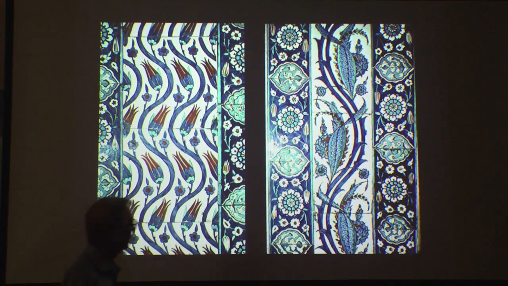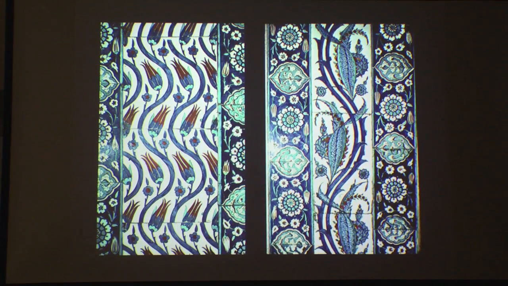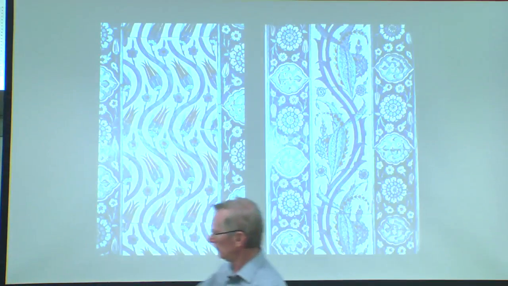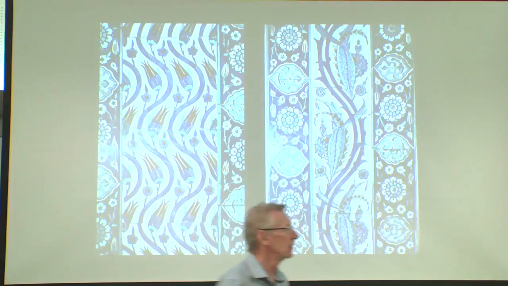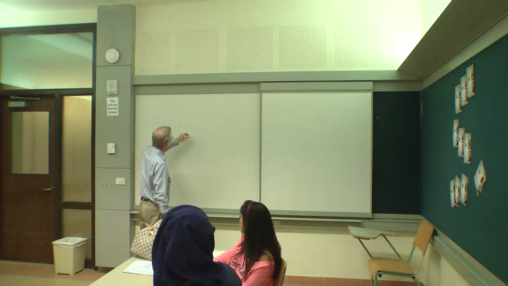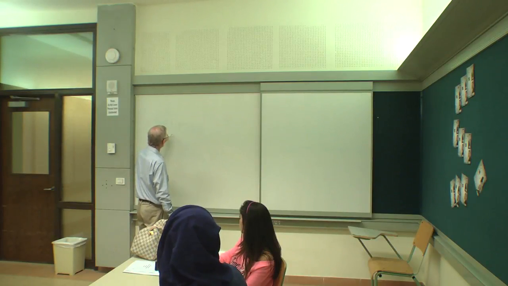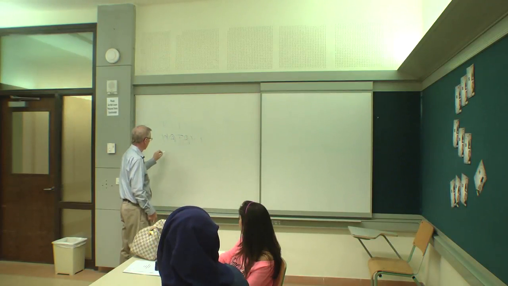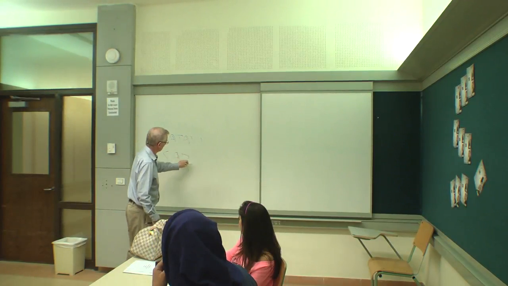When you are reading about the kind of designs that you have in Ottoman tile work, you'll see a number of terms referred. There are three main categories they talk about. One is Rumi, one is Hatayi, and the other is Saz.